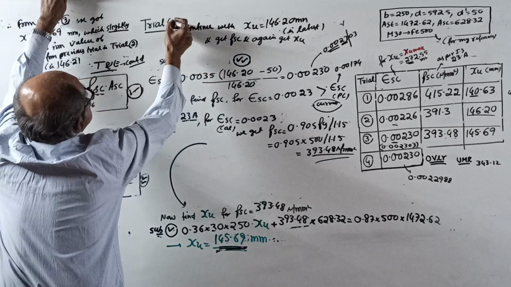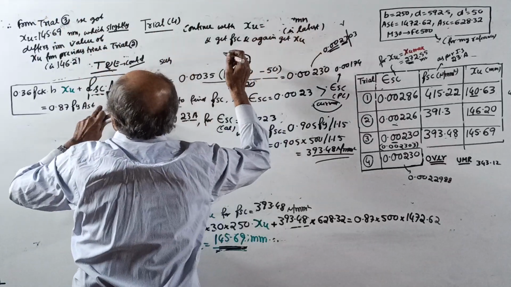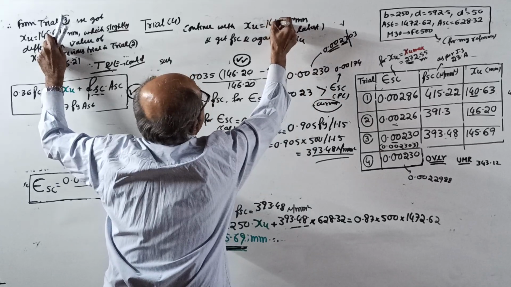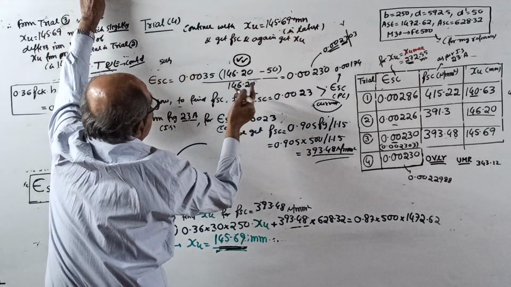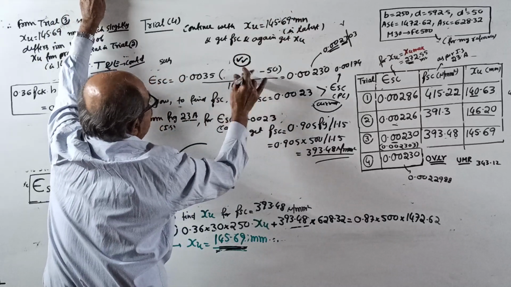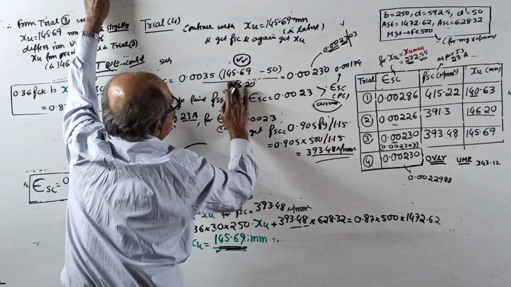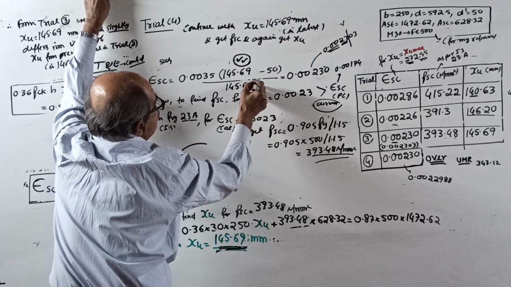Trial 4. Continue with xu equal to 145.69. Substitute 145.69. Sorry, I am not going for too much neatness now, because I can't rub the board neatly and do everything.